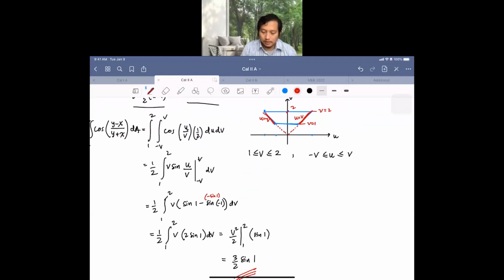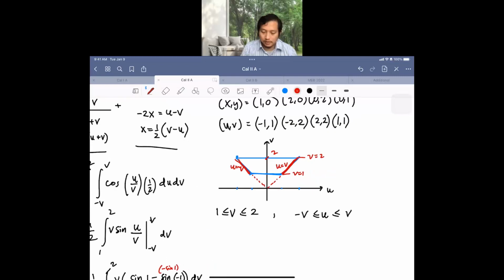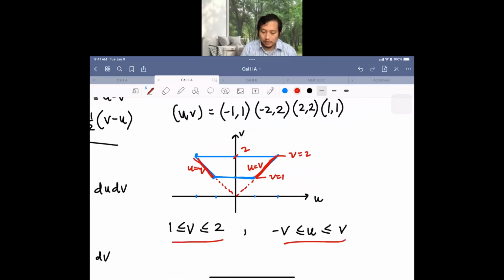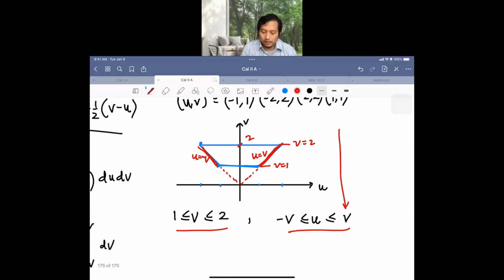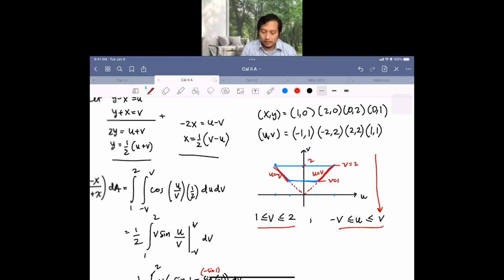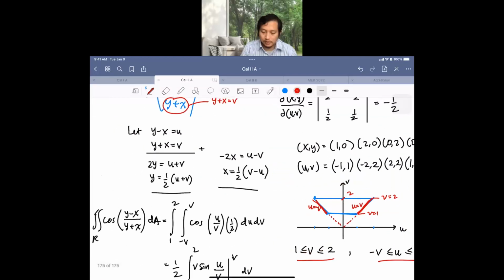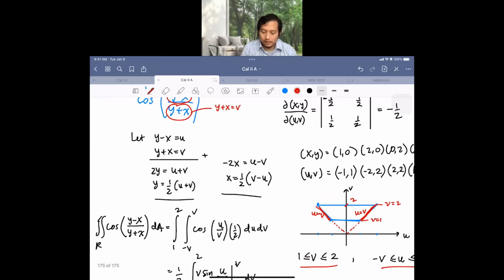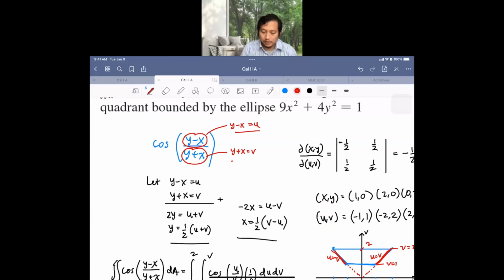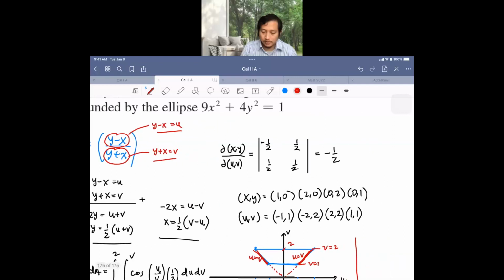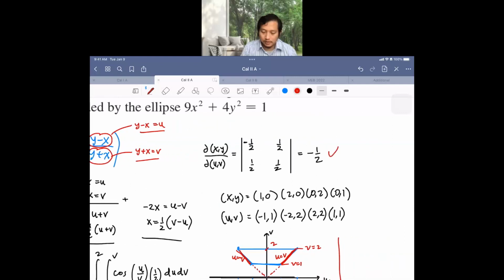Okay, so the crucial part, I believe, is taking this and making this into this. This is the crucial part. The rest of it is still easy and approachable. Letting u and v be these transformations and taking the Jacobian is still not really that difficult.